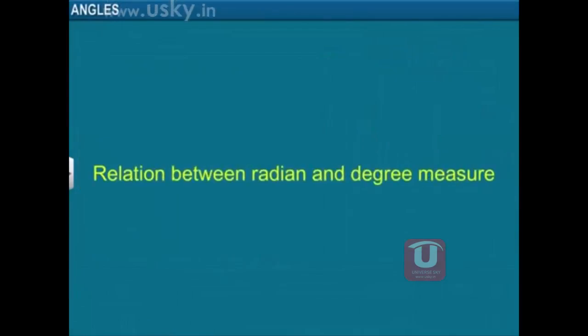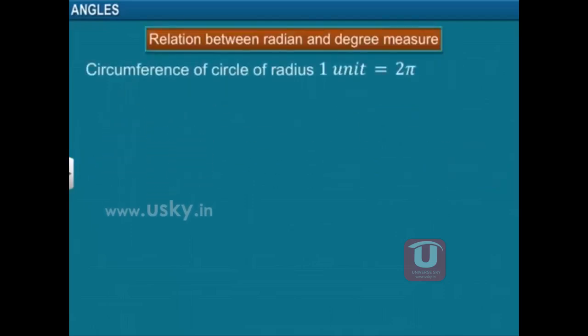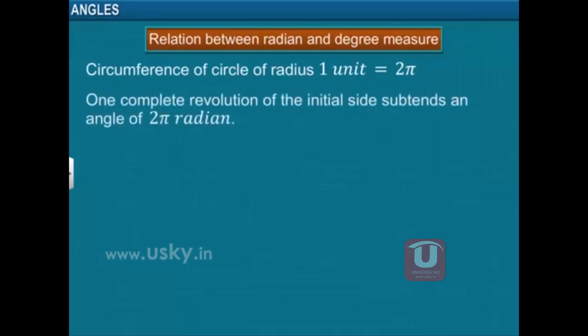Let's now compare radian measure with degree measure. Consider a unit circle. We know that the circumference of a circle of radius 1 unit is 2 pi. We also know that an arc of length r of a unit circle subtends an angle of r radians at the center. Hence, 1 complete revolution of the initial side subtends an angle of 2 pi radians.